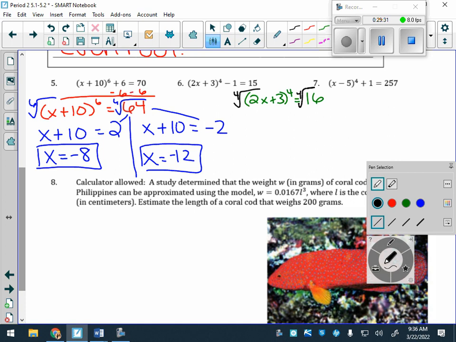Is the 4th root an even number? Yeah. So we have 2x plus 3 equals, and 2x plus 3 equals. What is the 4th root of 16? 2. We have 2 and negative 2.